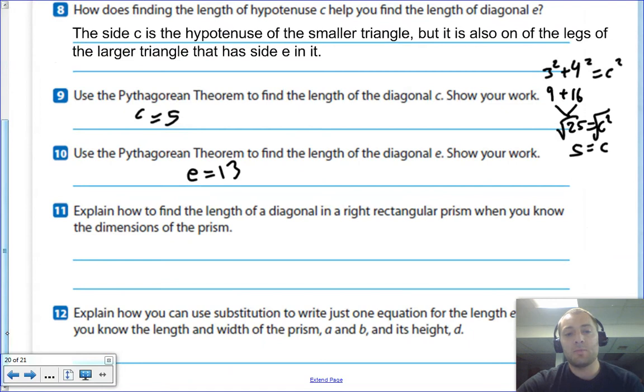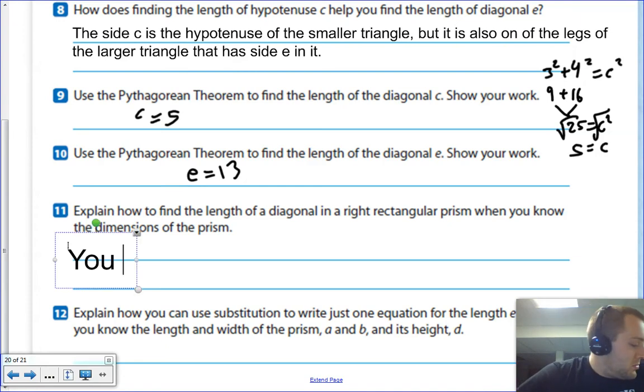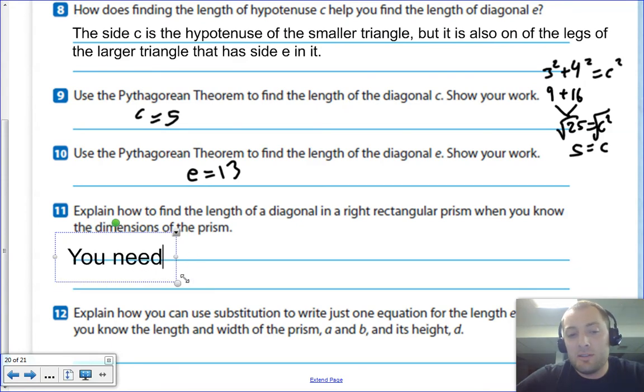So number 11 says, explain how to find the length of the diagonal in a right rectangular prism when you know the dimensions of the prism, like we did. So essentially, we are going to explain what we just did. So you need to find the diagonal of one of the faces first.